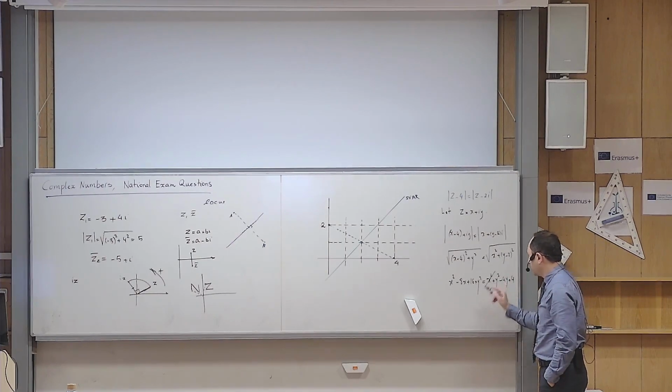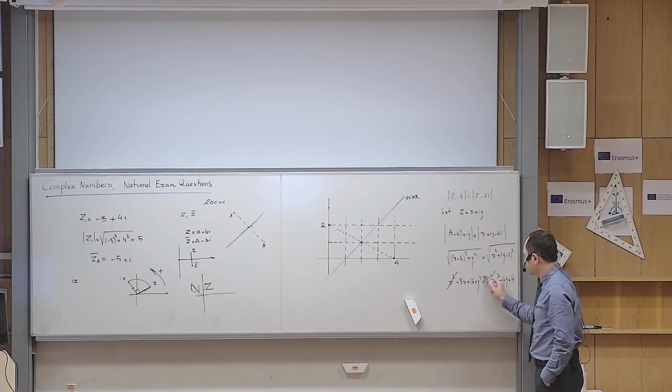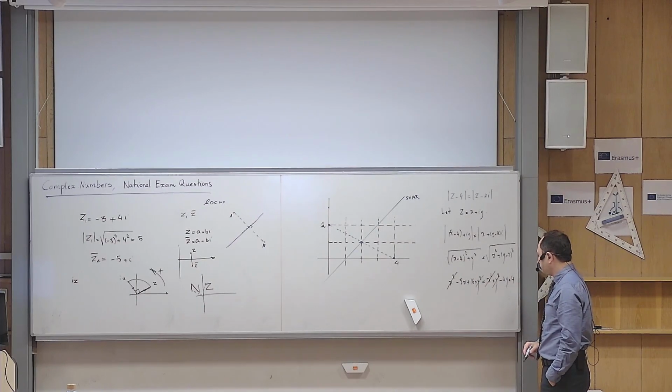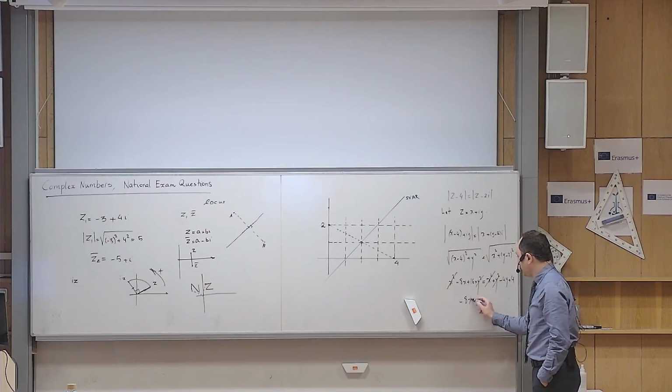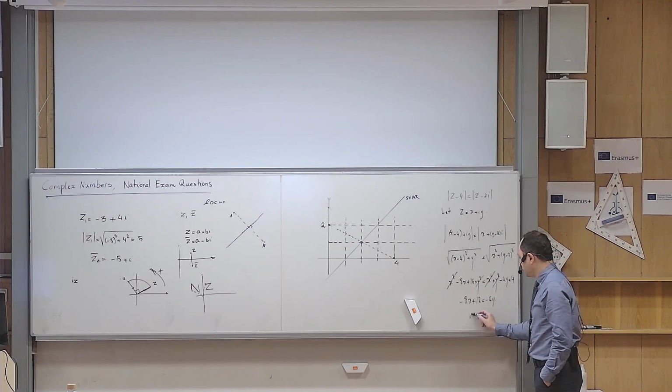And you see many things can be simplified now. Okay? I move this 4 to the other side, so it becomes minus 8x plus 12 is equal to minus 4y. I divide by minus 4, so y becomes 2x minus 3.